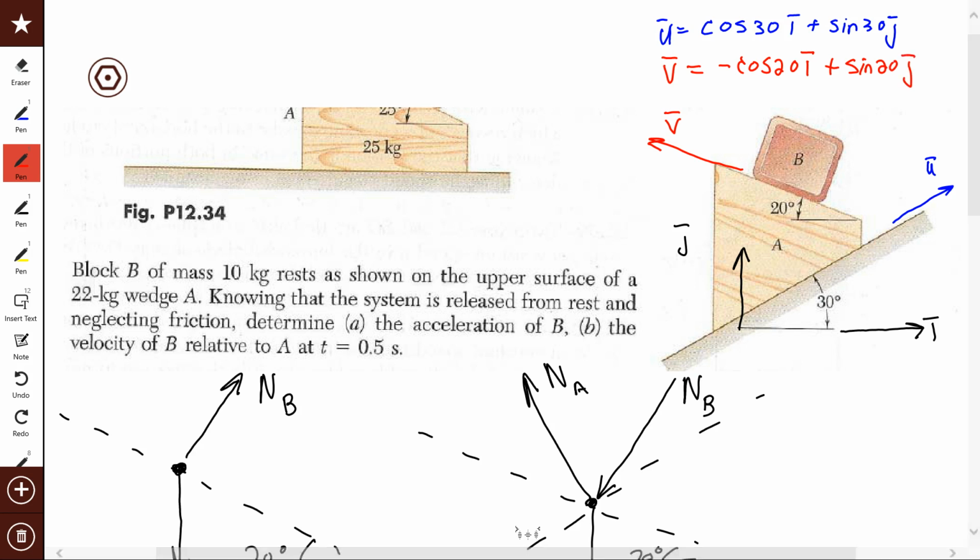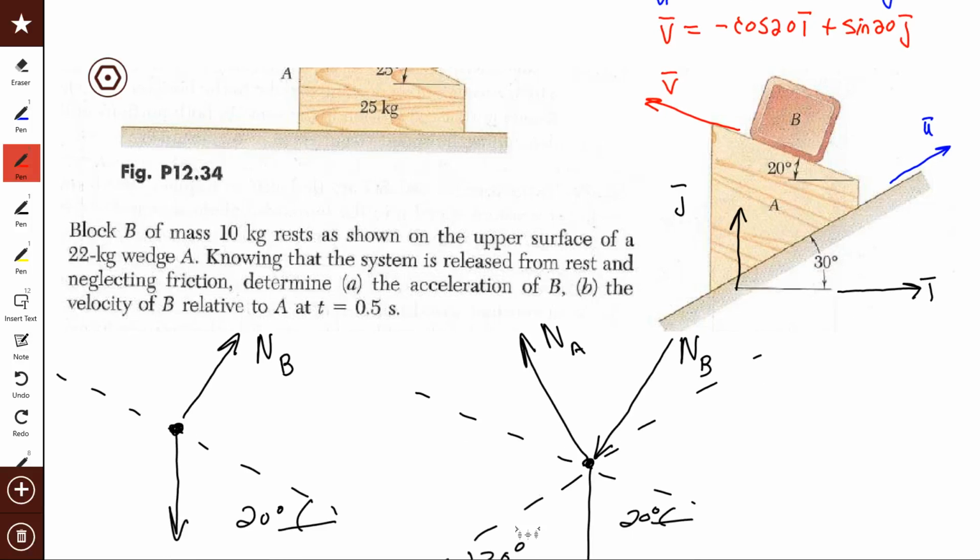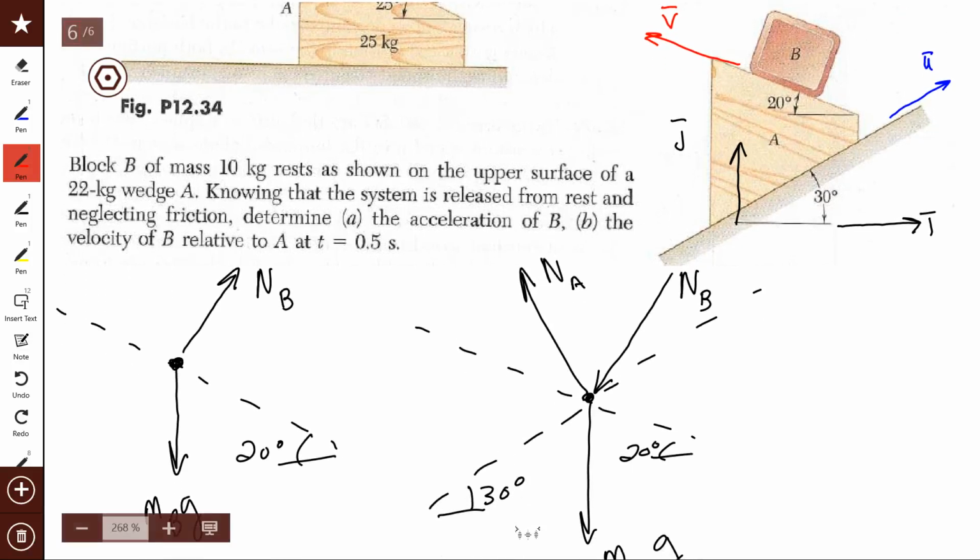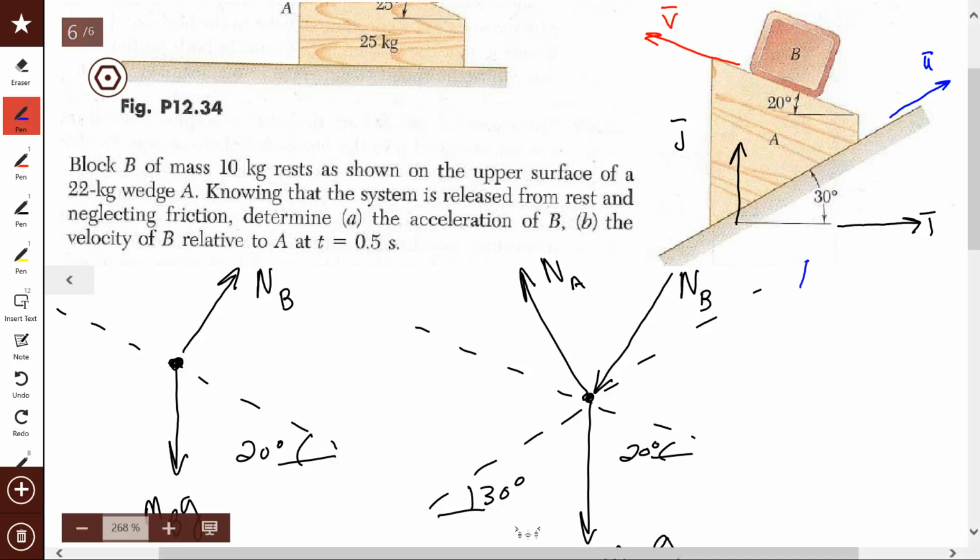Okay, so now I'm going to define the positions of the block. So the position, we'll call it P, for position of A relative to the ground. So I'm going to find a point, say right here.